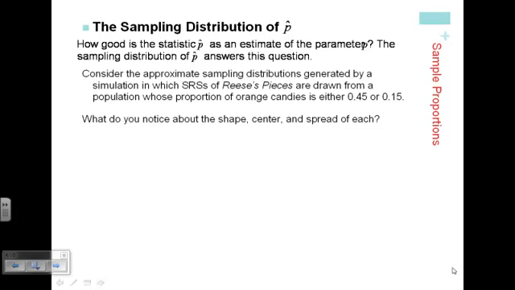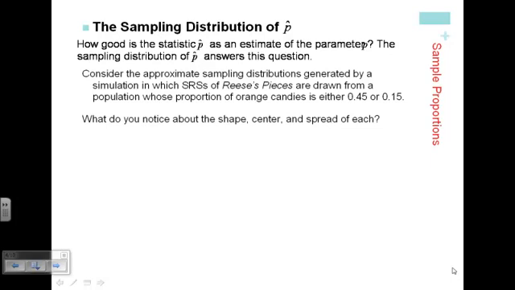Good point. All right. We're off the rails. Okay. So, imagine if you will, please, again, what if I made an assumption that 45% of all of these candies are orange? Okay?